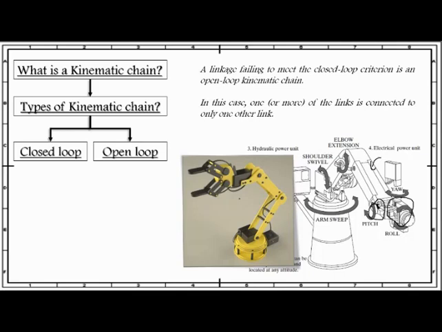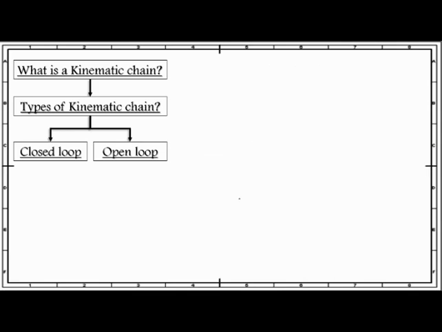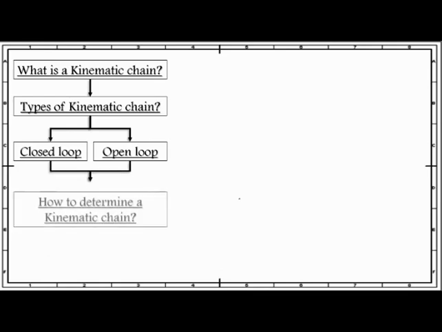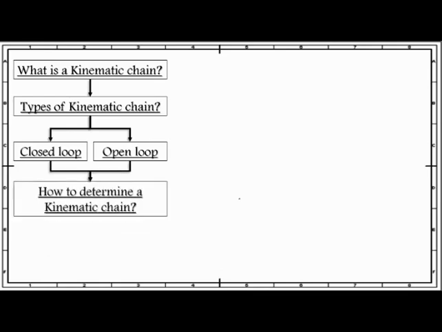Now, moving forward, let's discuss how we can determine whether the mechanism we have is a kinematic chain or not. Earlier, we discussed that each link forms a pair with two adjacent links.